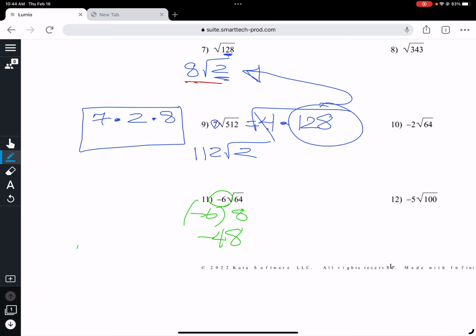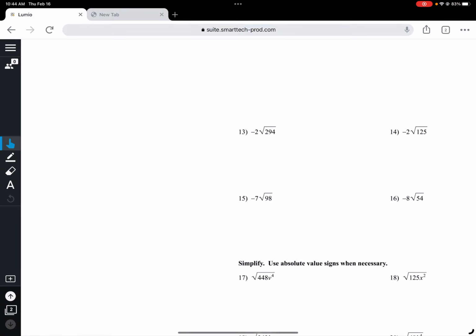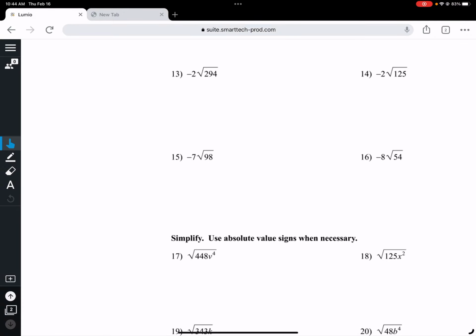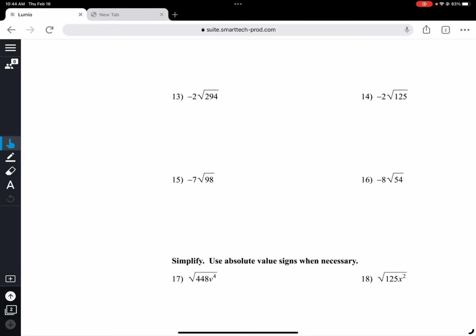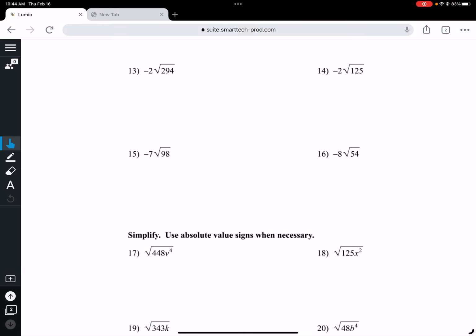All right, I want you to look at the back page. 13 and 15, you hop on those. And then we need to talk about simplifying with absolute value signs. So guys in the back, shh.